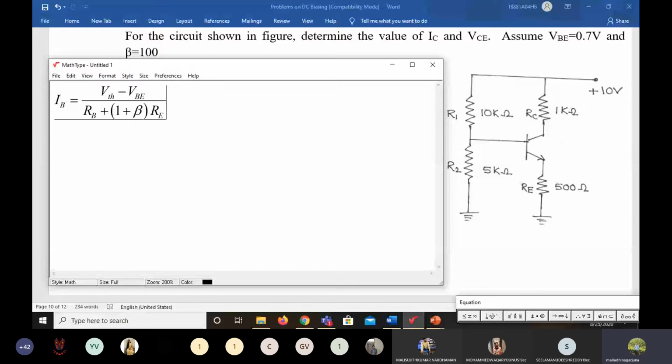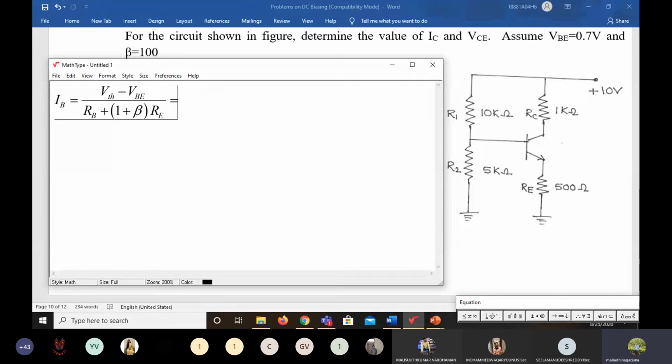This is the equation we got in the voltage divider bias network. You just go back and check it in the voltage divider bias derivation. Is it there or not? It's there, sir. Yes, sir.